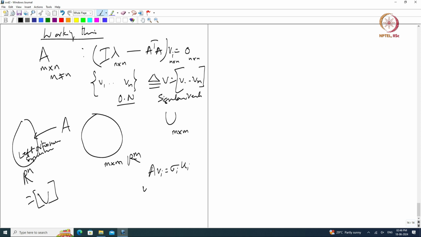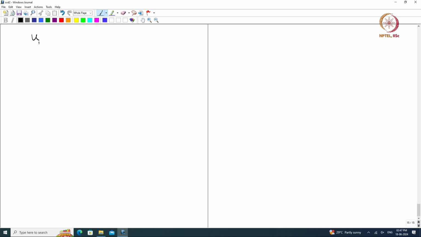I am going to get U1, U2, Un, which are singularly transformed vectors, eigenvectors of A V i. This can be orthonormalized. This is orthogonal, it can be orthonormalized. So, I have partly the U, part of the U. What do I do to get from Un plus 1 all the way to Um? These m minus n vectors, where are they? They do not belong to V, because V only has 1 to n.